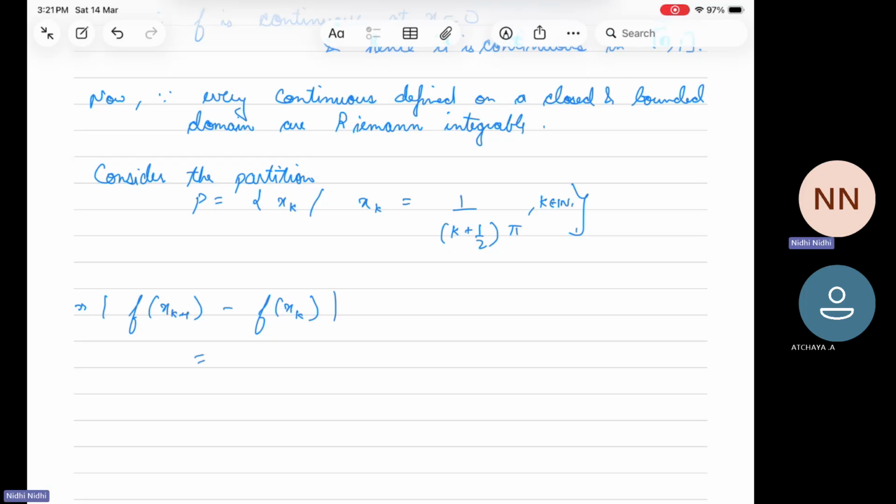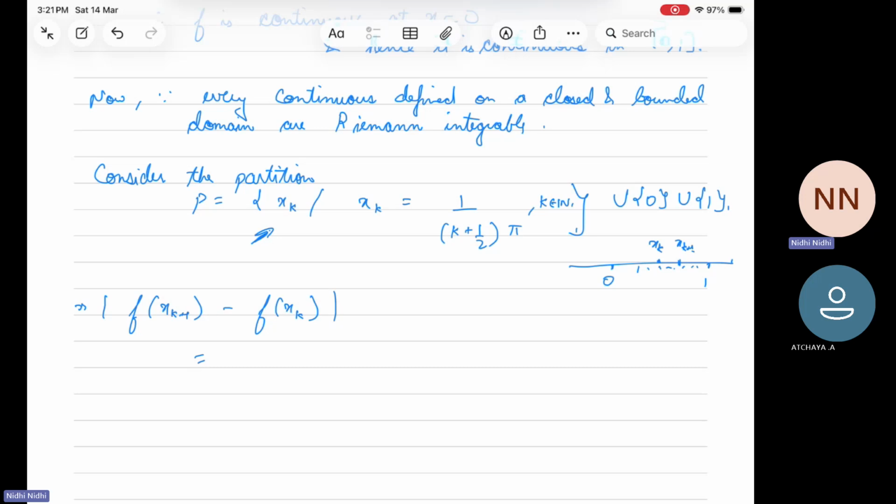Our partition, we'll just remove the terms, so I can write it as union {0}, union, yes, then only we can call it a partition over the closed interval [0, 1]. So except for points 0 and 1, let's see what happens at the points in between. Suppose this is some x_k and here this is x_{k+1}.